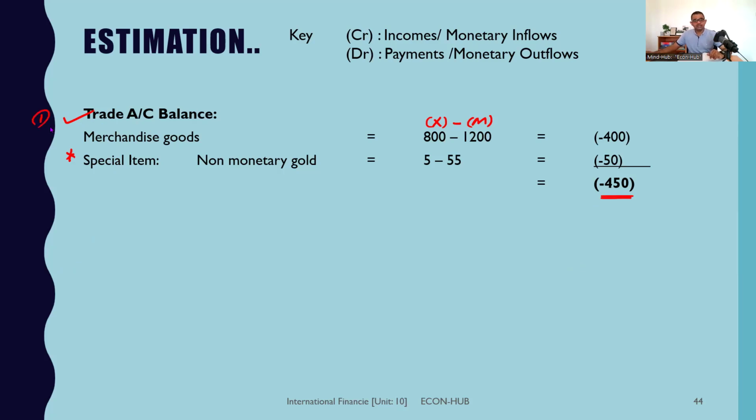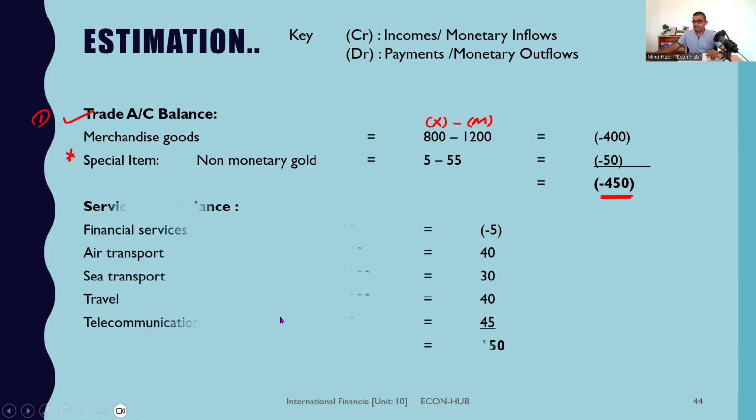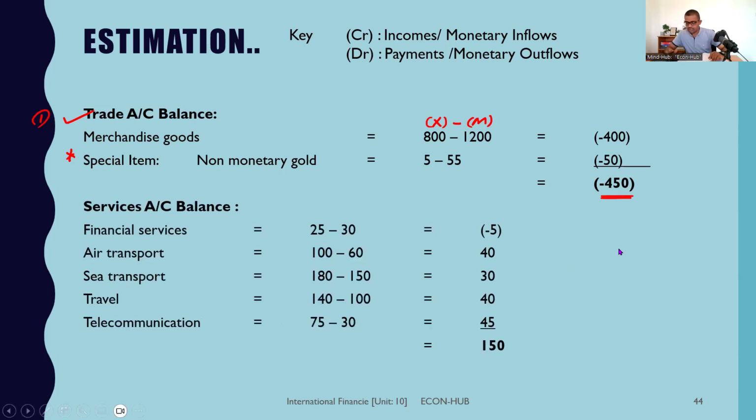First one done. Then let's go for the services account. Many service account related items are given separately, to bring them together. Service receipts are the credits, payments are the debits. Financial services, 25 minus 30.